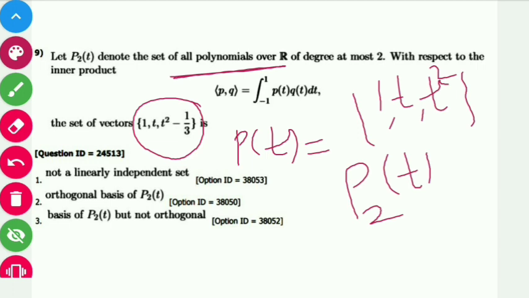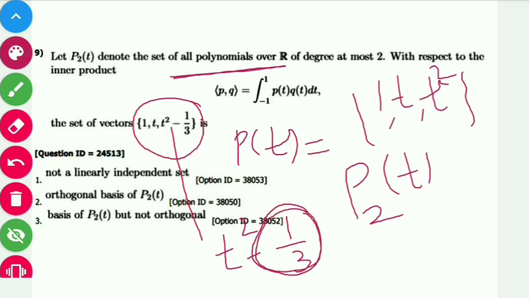This third vector, t square minus 1 by 3, is just a translated vector, so this also forms a basis of P2 of t. Now the only question that remains is whether this is orthogonal or not. And since this is a basis, it must be linearly independent, so the first option is not true.